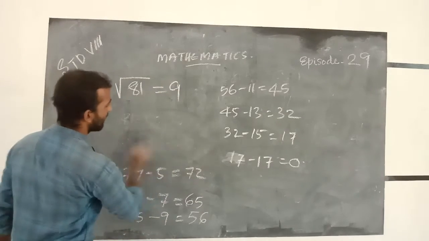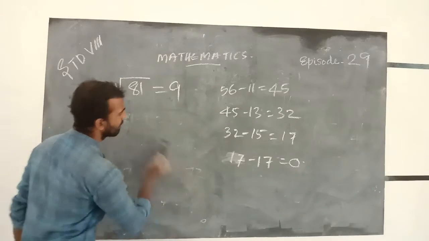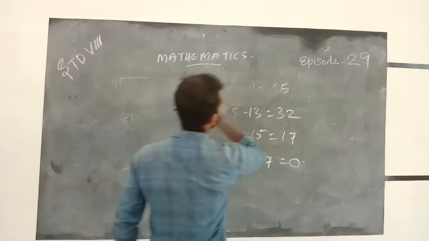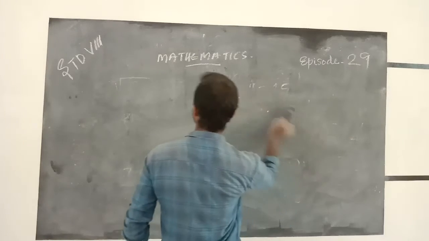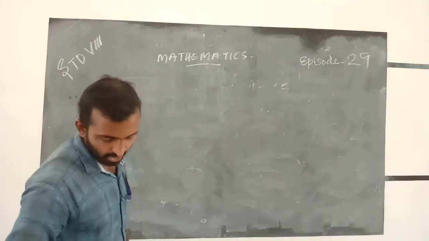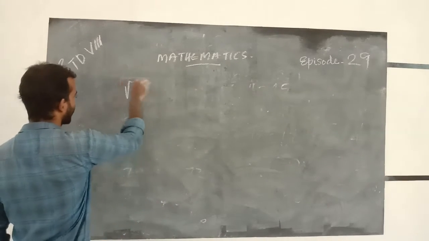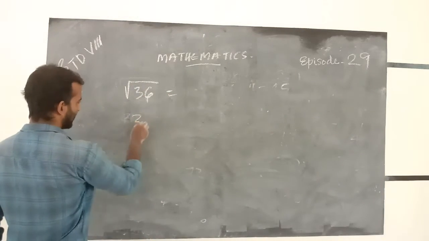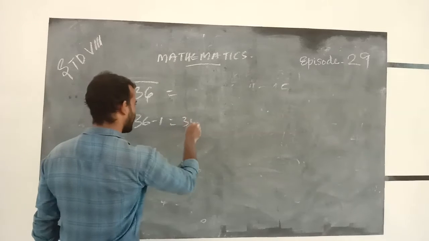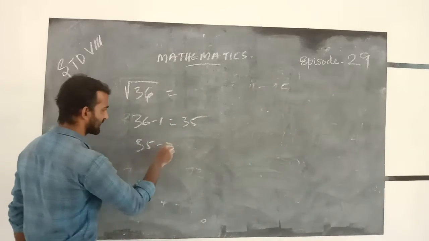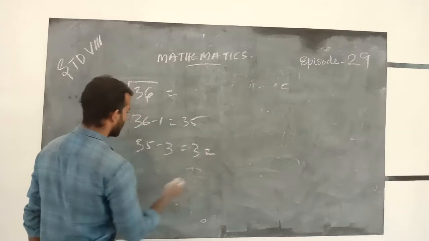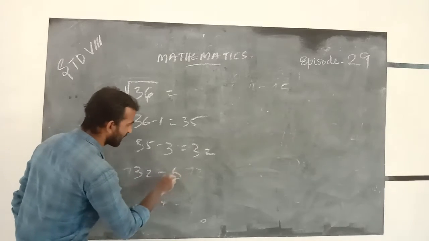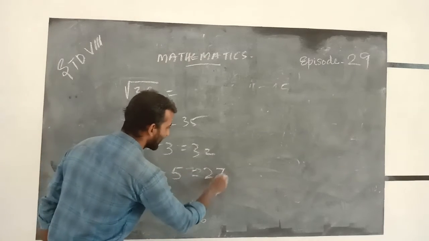For another example, a small example: we want to find the square root of 36. That is 36 minus 1, we get 35. 35 minus 3, 32. 32 minus 5, we get 27.